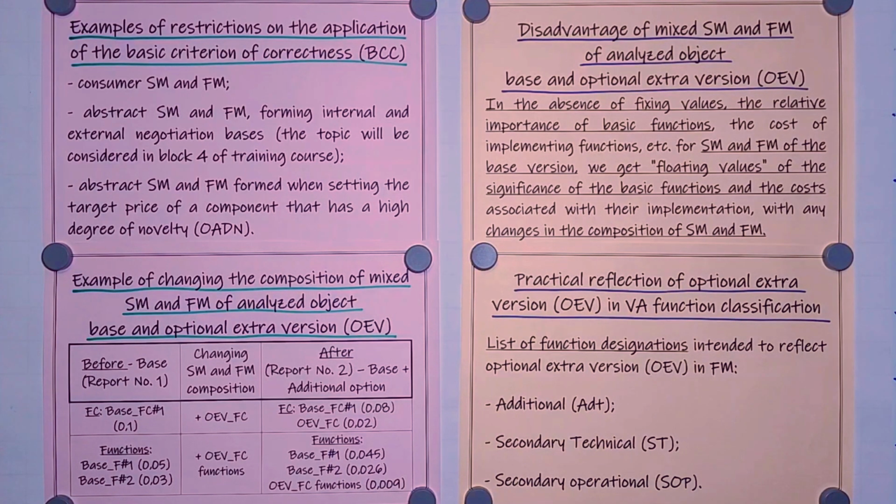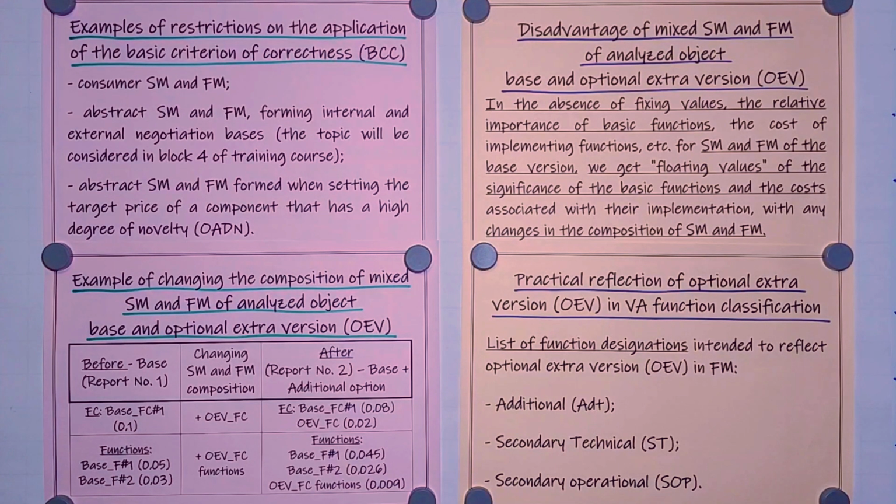Thus, when working with a mixed structural and functional model containing additional options, we are faced with an absurd situation when the same carriers of basic configuration functions and their corresponding functions have different significance and different costs for the physical implementation of functions in the component design.